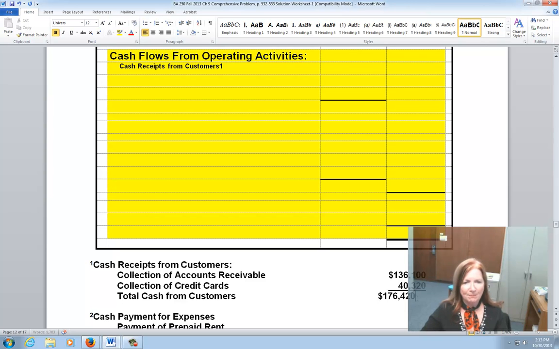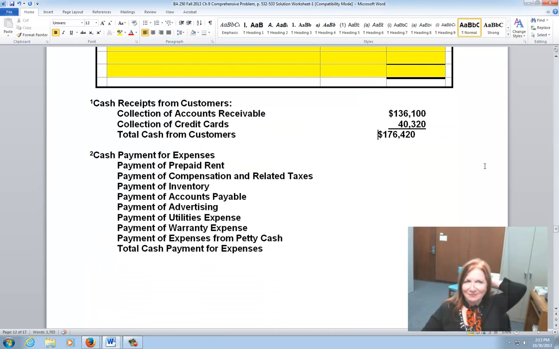So I'm sorry that it's not coming out as smoothly, and I'm going to trust that you guys know how to get it in there better than I do at this point. So there's my total from customers.